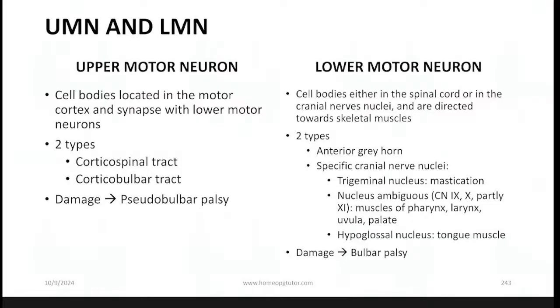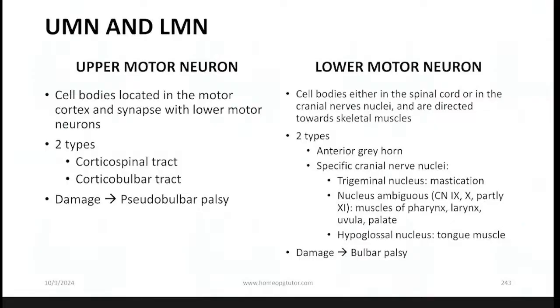Now, if at all there is any kind of lesion in the upper motor neuron, upper motor neuron lesions can be caused by a stroke, probably a cerebrovascular accident, both ischemic as well as hemorrhagic, which is the most important cause that can lead to upper motor neuron lesions.